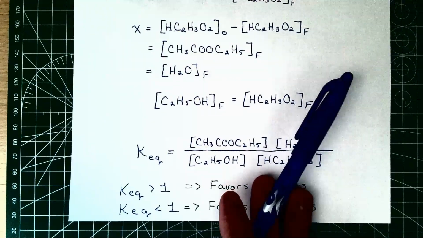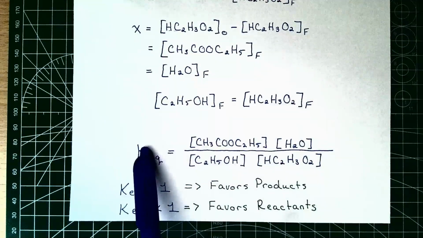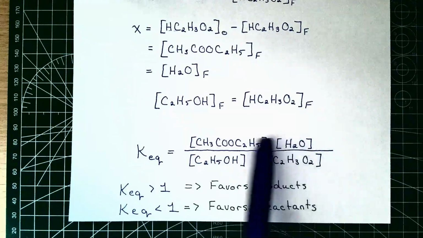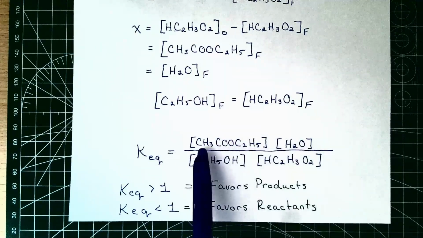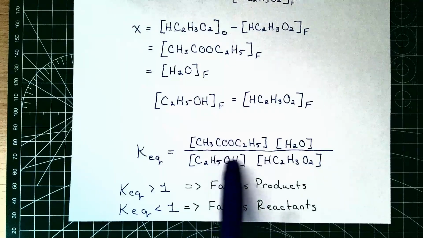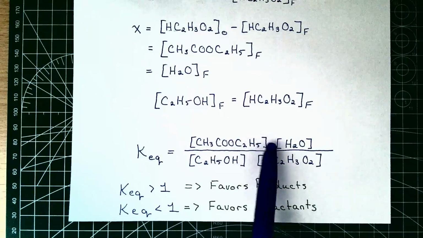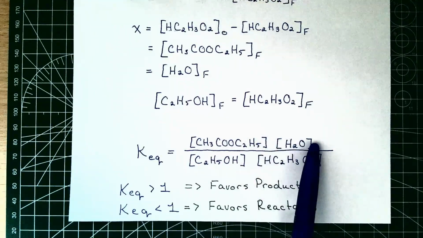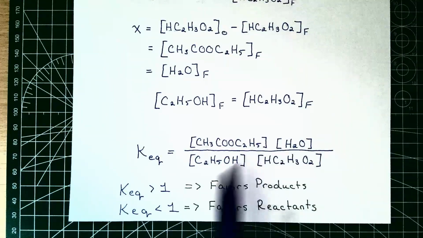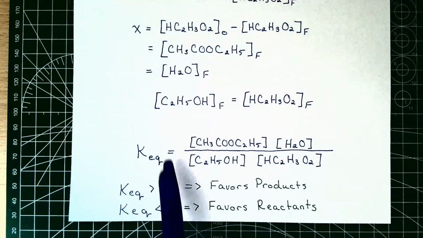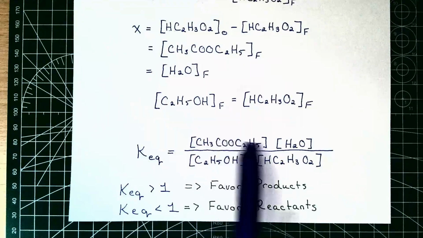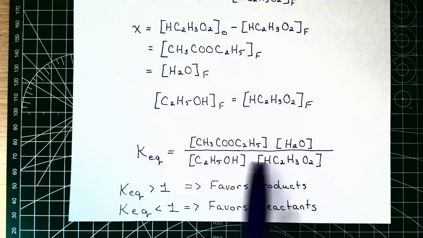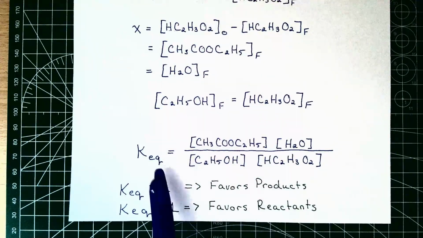At that point, we just need to plug them into the KEQ equation for this reaction. Remember, that's products over the reactants. There are no stoichiometric coefficients to raise these to, so it's a pretty simple KEQ expression. We plug them all in, and we can calculate KEQ.